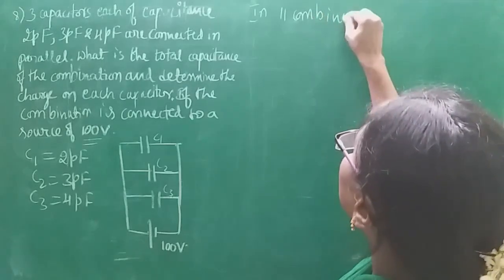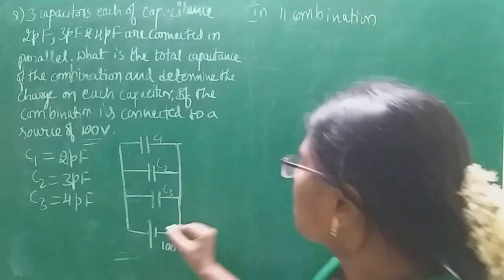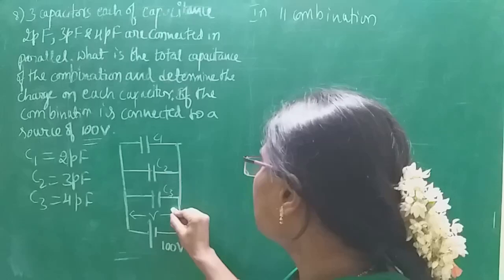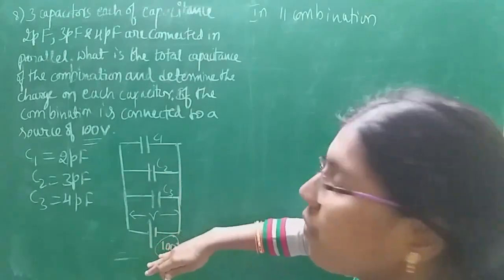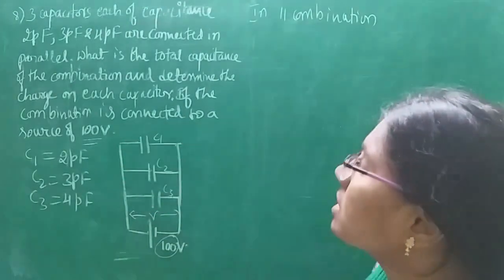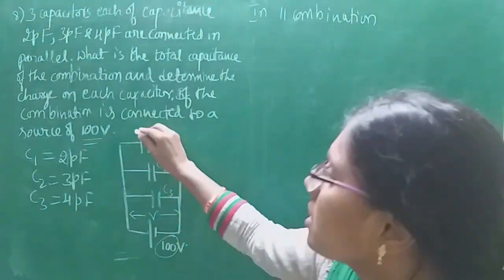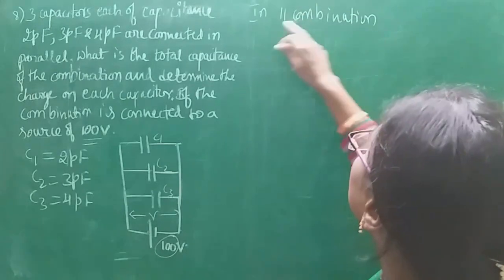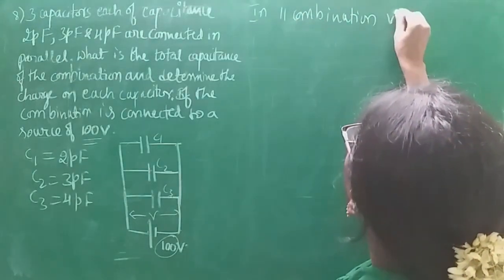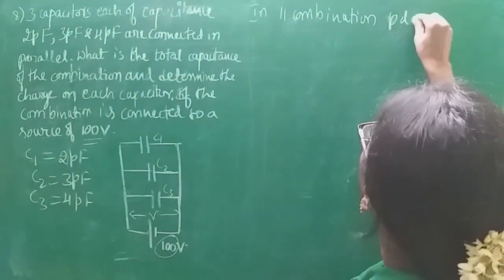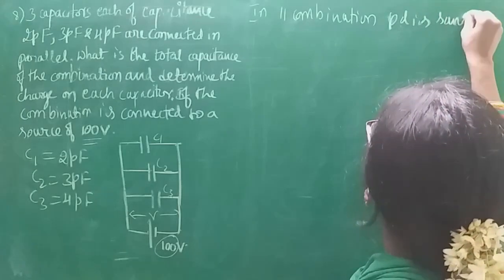In parallel combination, the potential difference is the same, that is 100 volt only. The potential difference across each capacitor is the same, but the charge is different. Charge across each capacitor is different. So in parallel combination, V is the same, but not the charge.